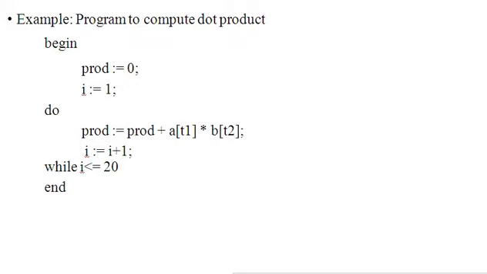Product = 0 and I = 1. We start with the initialization of product and I, then a do while loop. So write do, then product = product + A[T1] * B[T2] and I = I + 1, while I is less than or equal to 20.